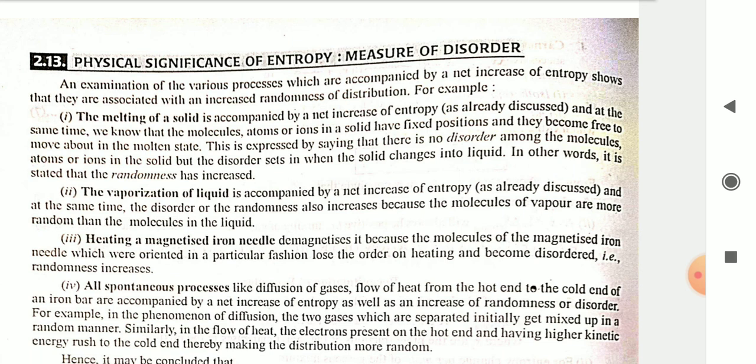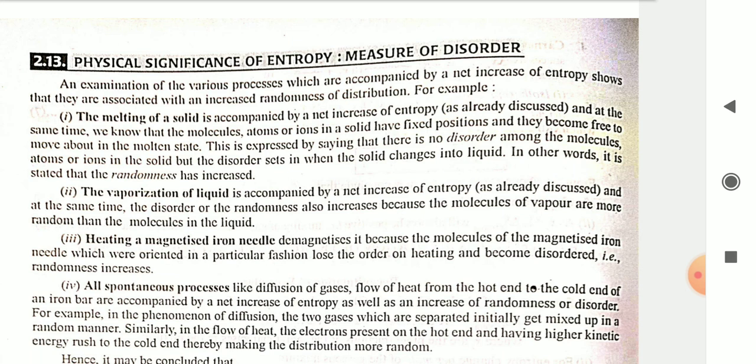Second, the vaporization of a liquid is accompanied by a net increase of entropy, and at the same time the disorder or randomness also increases, since the molecules of the vapor are more random than the molecules in liquid. Third, heating a magnetized iron needle demagnetizes it, because the molecules of the magnetized iron needle, which were oriented in a particular fashion, lose the order on heating and become disordered.